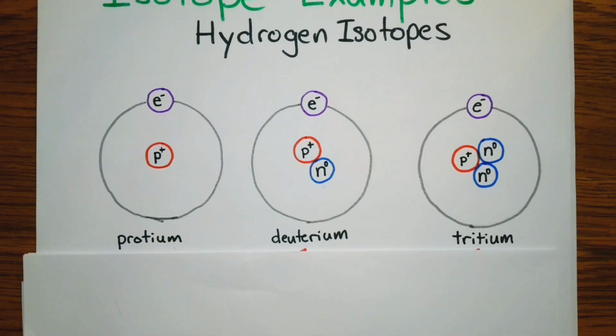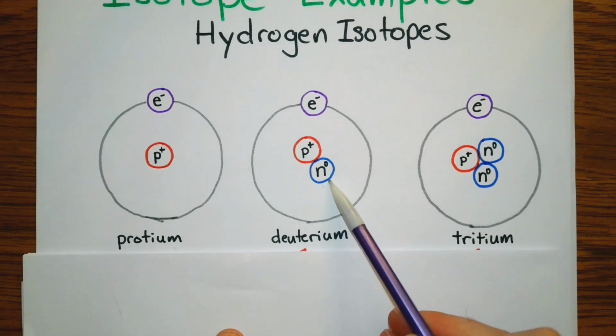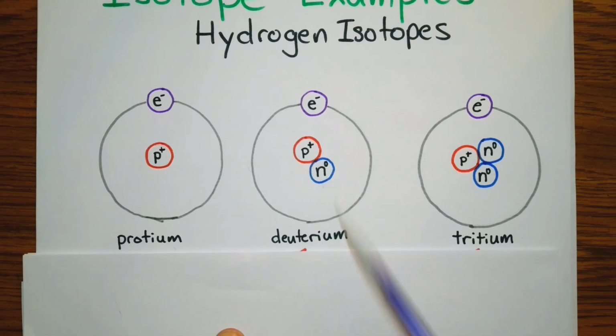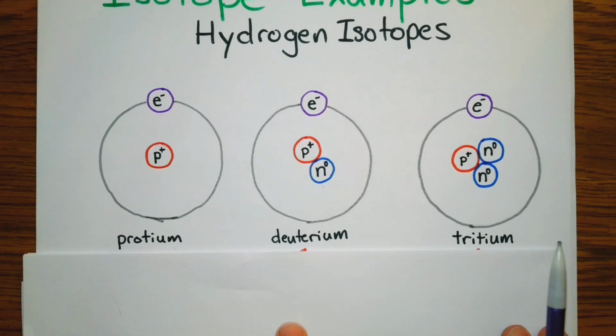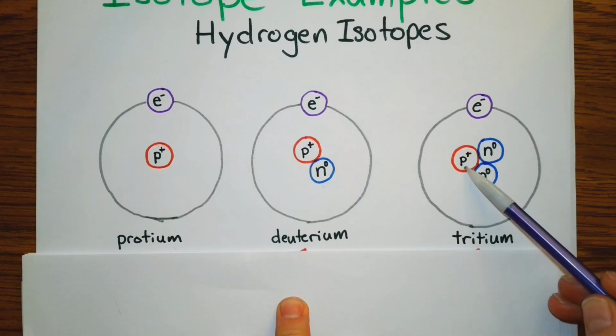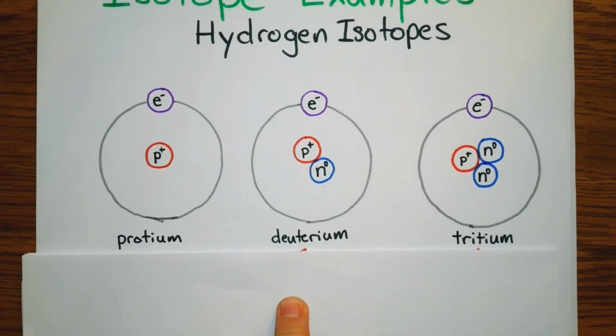Deuterium still has 1 proton because it's still technically a hydrogen element, but it has an extra neutron. So it's going to have a mass of 2 because the protons and neutrons are what contribute to mass. Tritium, hydrogen's radioactive isotope, has 1 proton because it's still technically a hydrogen isotope, and it has 2 neutrons.